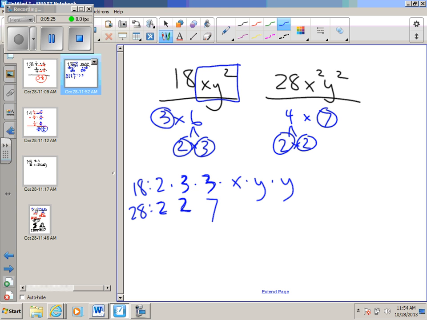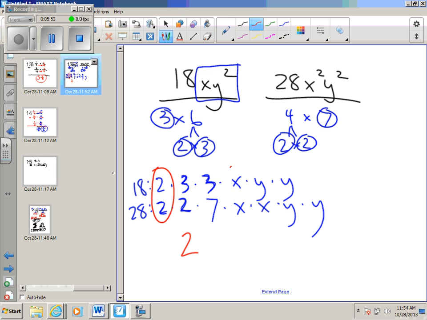They all spread out. Now over here, 2 times 2 times 7, how many x's? How many y's? From here, we will circle what they have in common. Numerically, all they have is a 2.